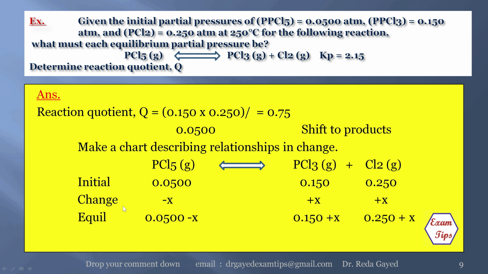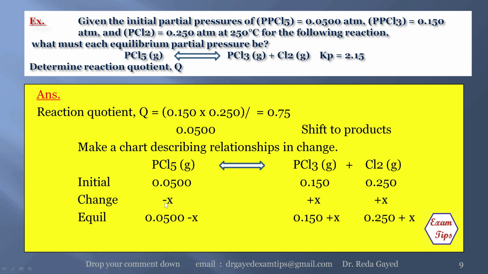The second row is the change. What about the change in partial pressure? We say it is X. We consider it just an abbreviation, X. Okay. Why is it minus? Minus means it loses a certain pressure.